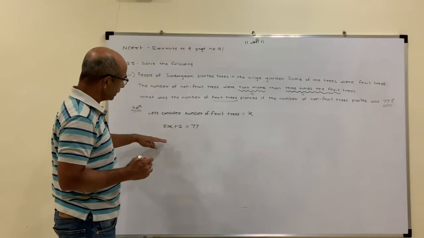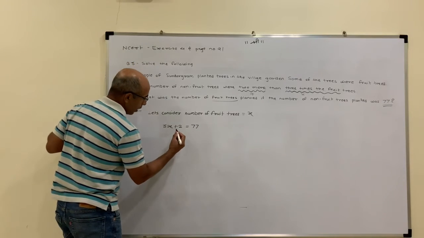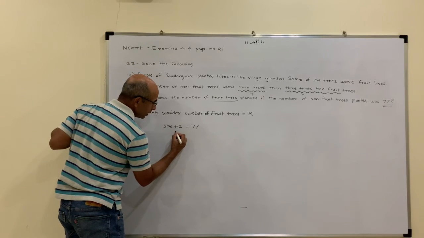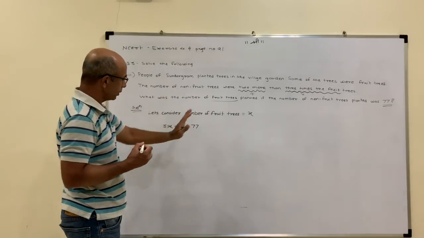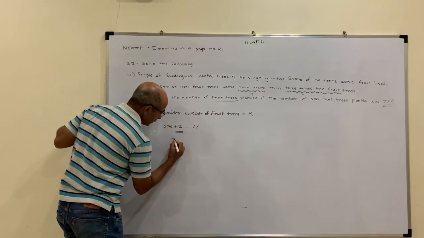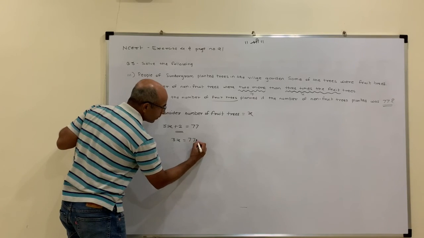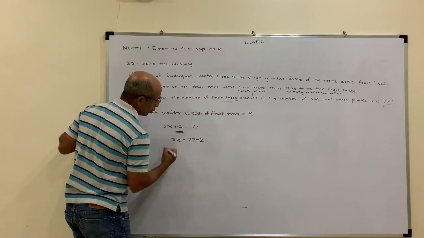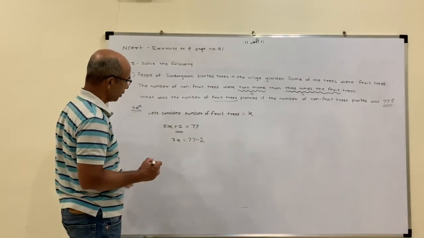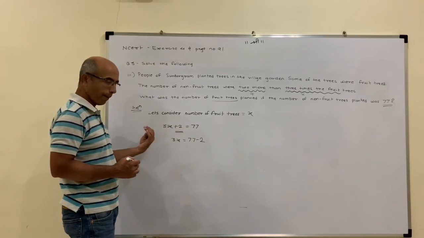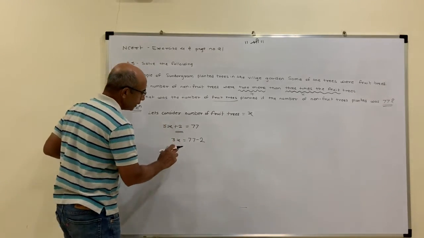So now 3 times plus 2 equals the non-fruit trees. Now I am going to solve this equation. This plus 2 I am going to transpose onto the right hand side. So 3x equals 77 minus 2. Since it was added on the left hand side, it is subtracted on the right hand side. Or you can say, since it's a plus 2 on the left hand side, it is minus 2 on the right hand side when we transpose.